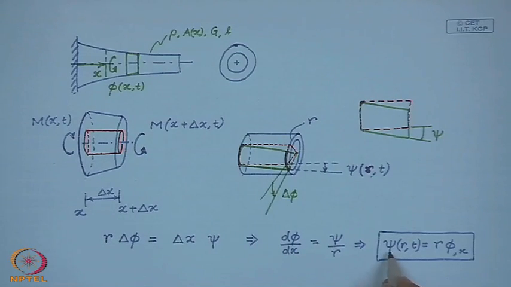We can now relate the shear strain at any radius r at any time t in terms of our field variable, which is phi.